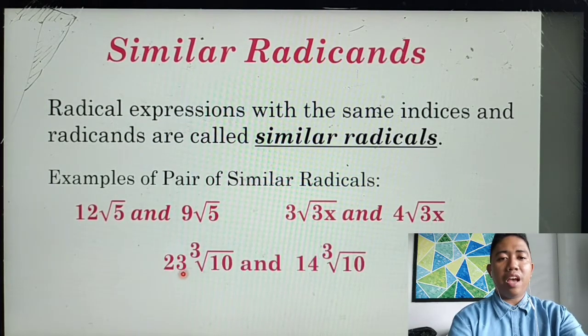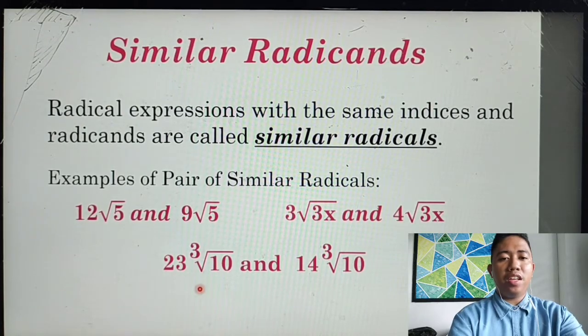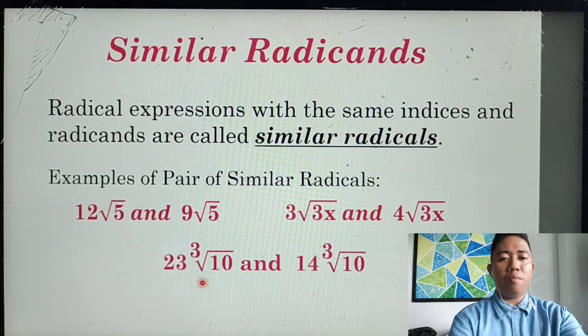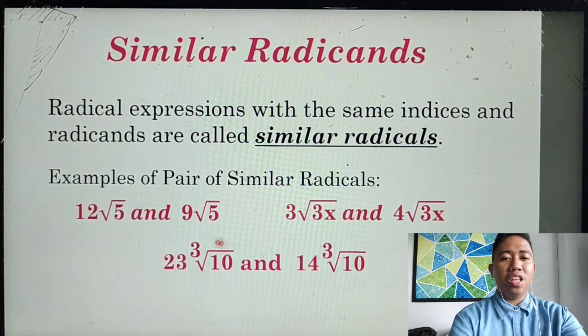And of course, we have 23 times the cube root of 10 and 14 times the cube root of 10, because they are similar radicals with the common factor cube root of 10.